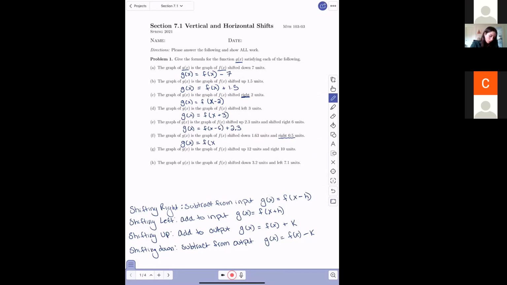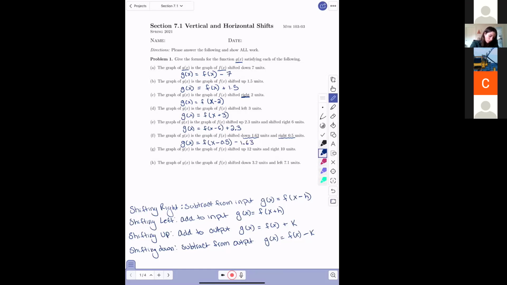Subtracting. Good, minus 0.5, and then we're going down 1.63 units. So what do I do? What am I adding or subtracting to my output? Subtracting. Good, since we're going down, we're going to go ahead and subtract 1.63 units.